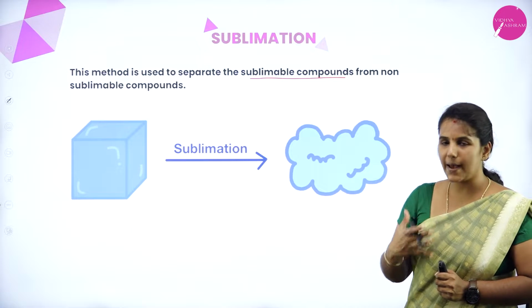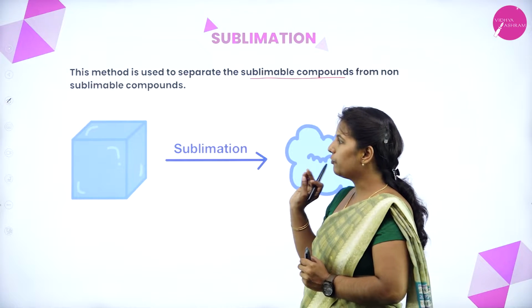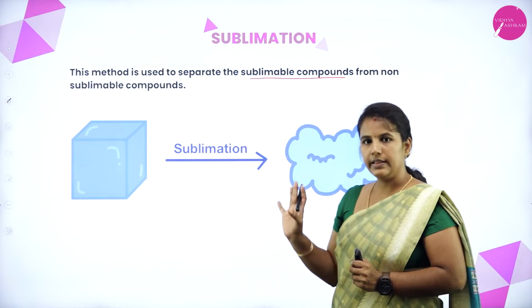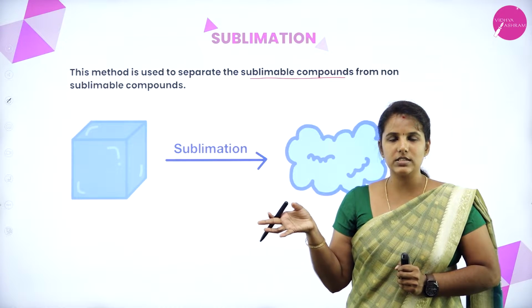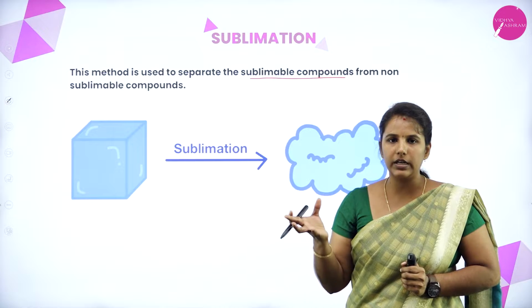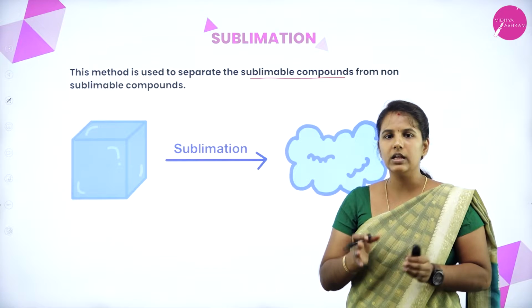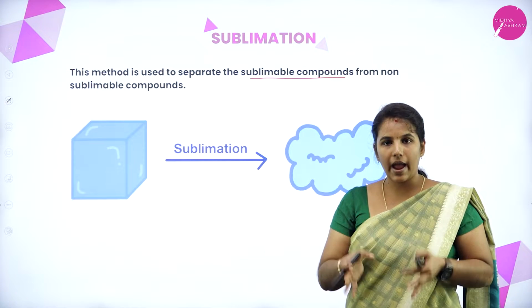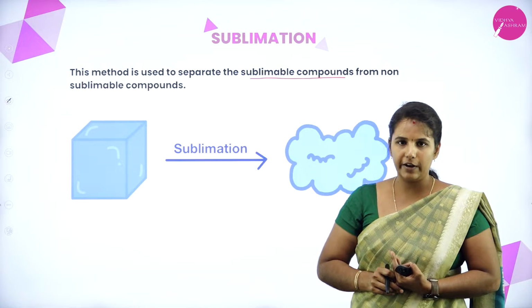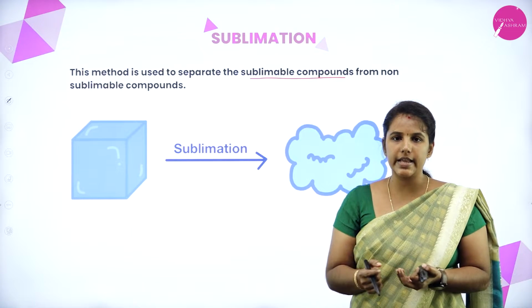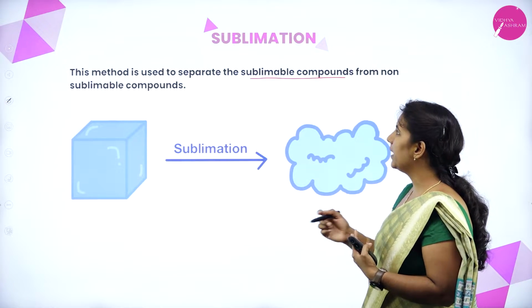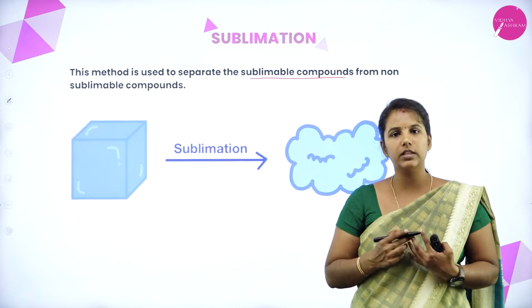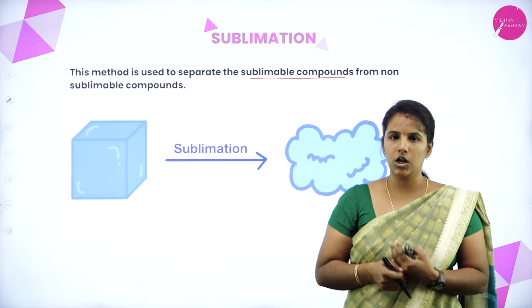If you are going with the sublimation, in the ice cube, if any impurities are there, they have to be removed from that organic compound. That is why you are going to melt your ice cube into its liquid form. So that is the simplest example where the sublimable compounds are separated from the non-sublimable compounds.